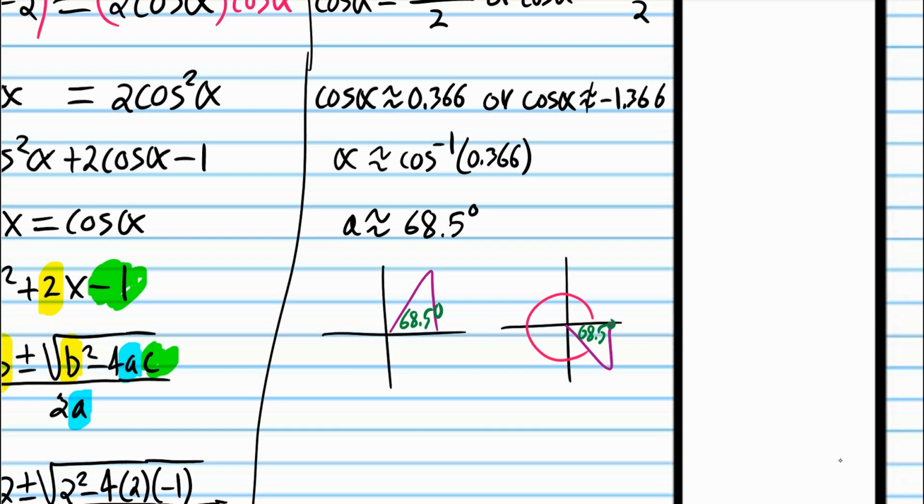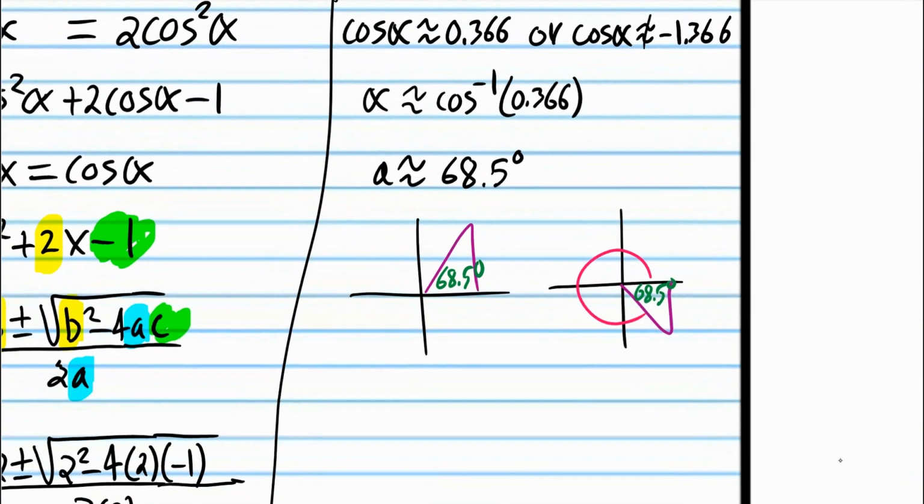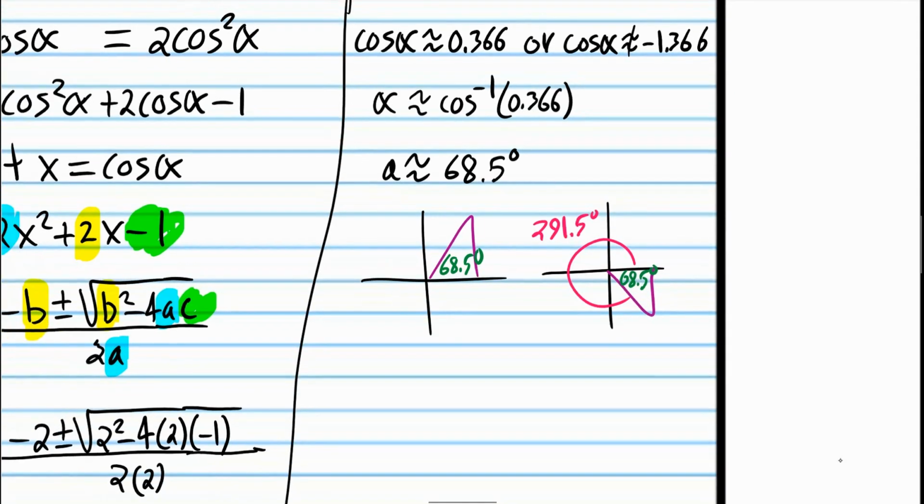So we're going to subtract that 68.5 from 360, and we get 291.5 degrees, roughly.